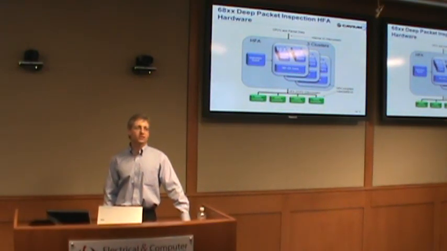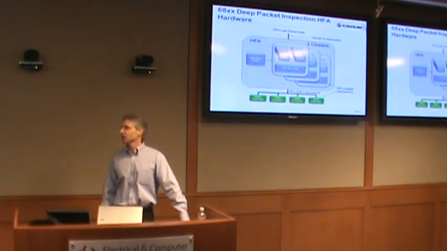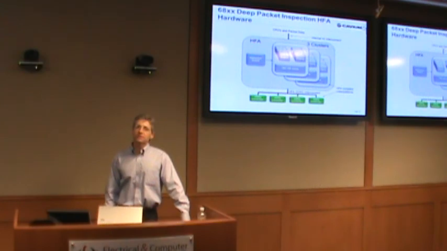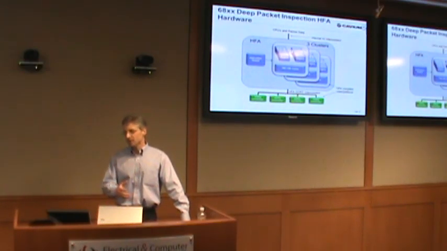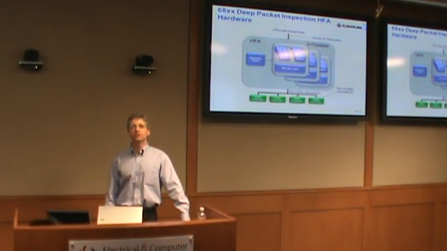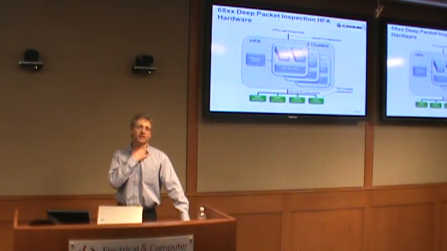Within each cluster of 16 engines, there is a local cache. And when that cache is exceeded, you sometimes have to get the patterns, the graph, whatever you want to call it, from the DRAM interfaces. So we have on the chip a special HFA DDR3 interconnect to get to memory.